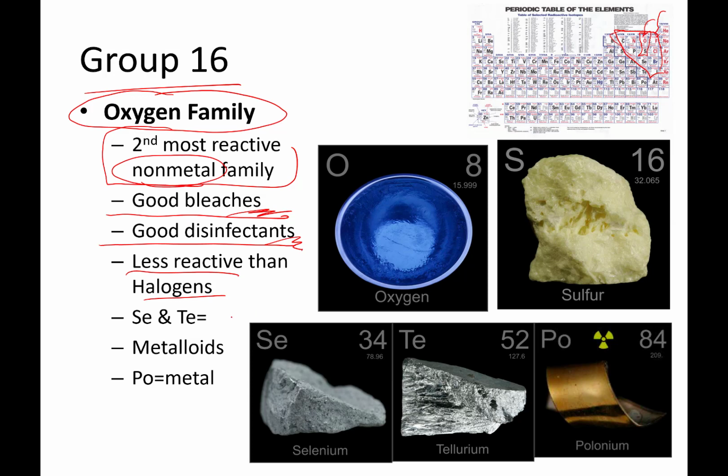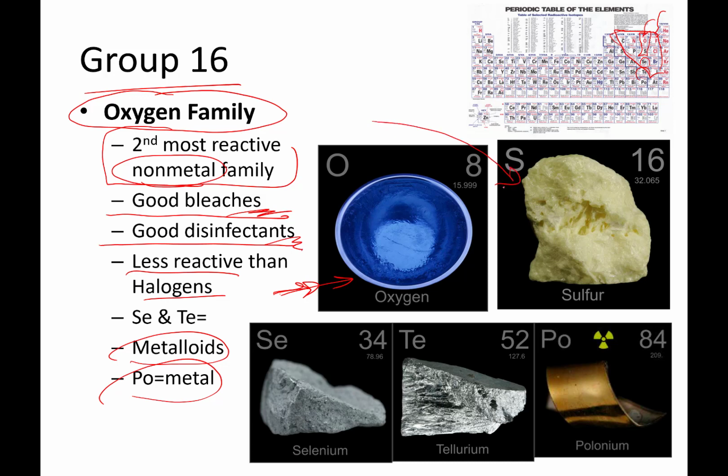Now, as you go down the family past oxygen and sulfur, you get to selenium and then tellurium, and then into the metalloids and then polonium. So this is a lovely collection of pictures. Oxygen, of course, is a transparent, clear gas that you and I are breathing right now. When you get it into a liquid state, it is a beautiful shade of blue.